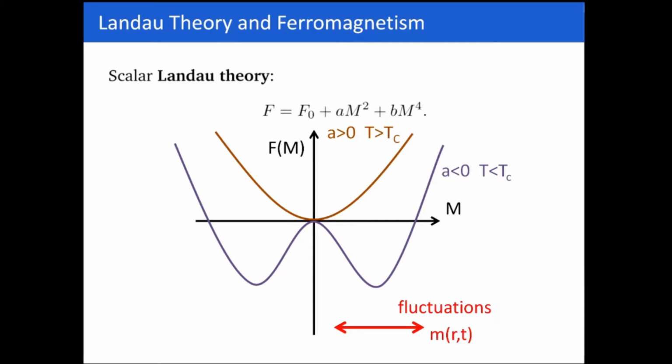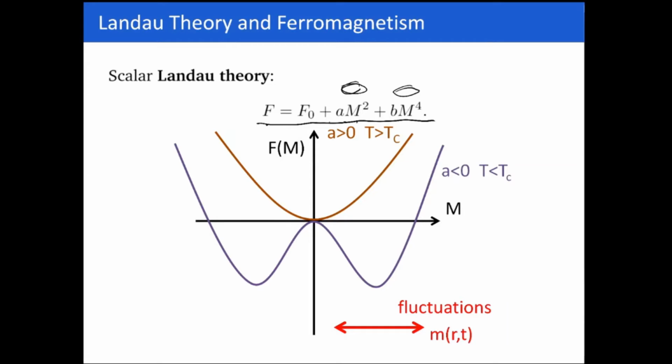What you see here, this equation here, is an example for a magnetic system, a ferromagnet, where we've written down the Landau expansion for the Landau free energy as a function of the order parameter, which in this case is the magnetization in the case of a ferromagnet. You can do some symmetry analysis of the system, and that can tell you which terms in the Landau theory are allowed. In the case of a ferromagnet, you just get the even terms, as you can see here.